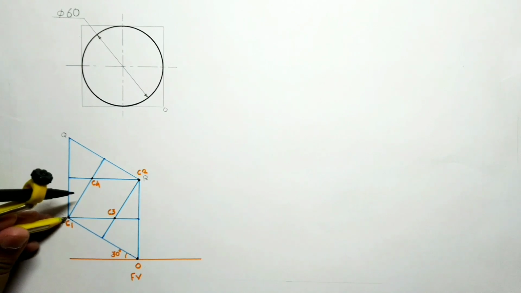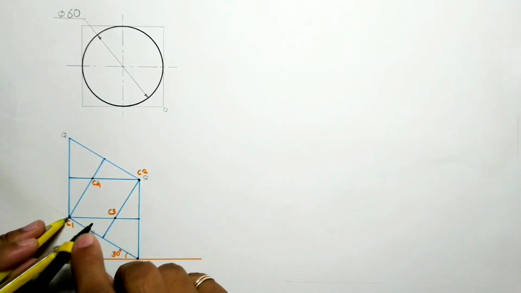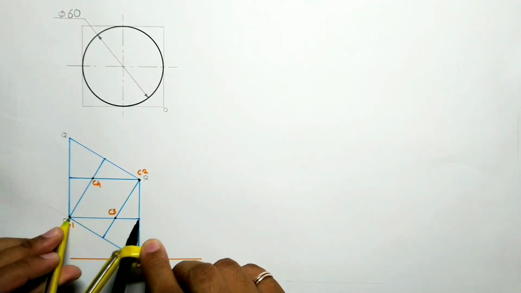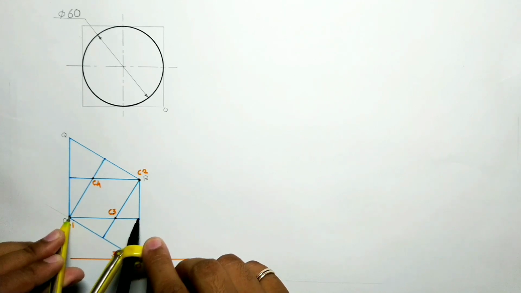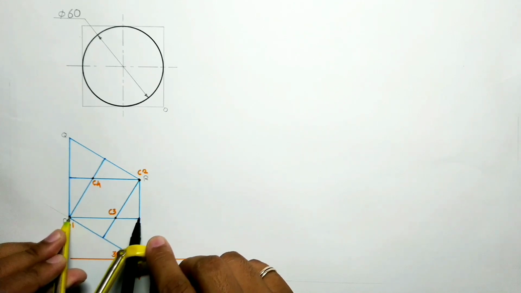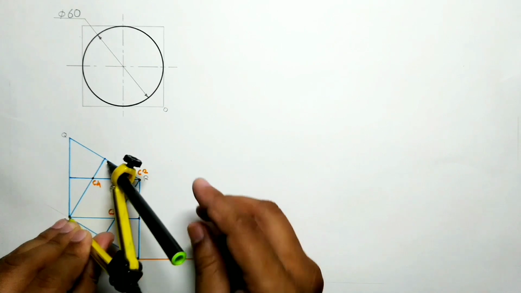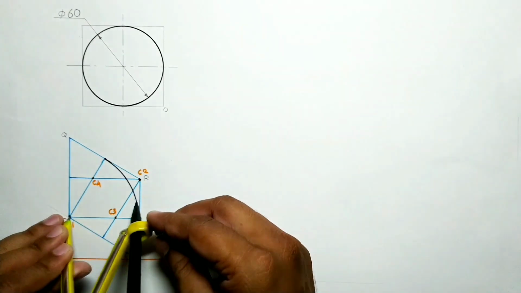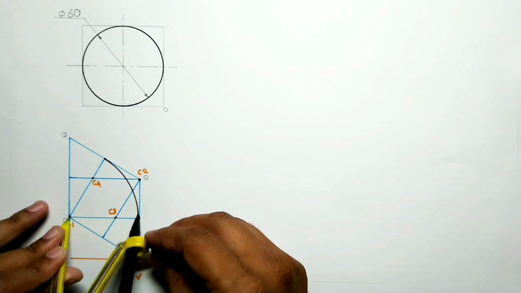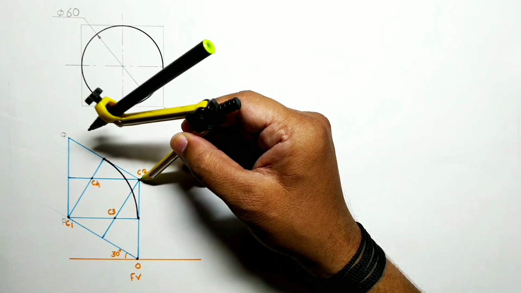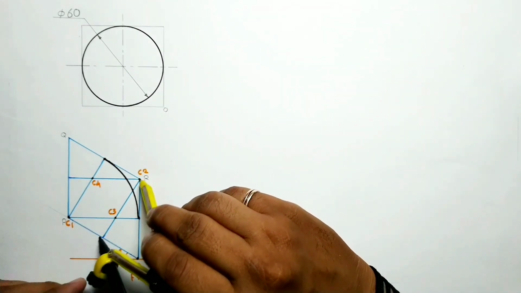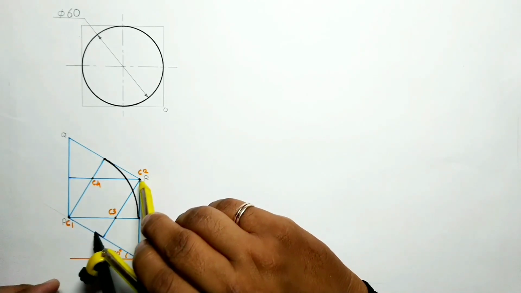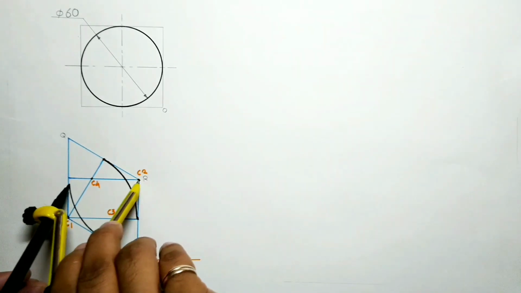First of all, take center number 1, radius as C1 to this distance, and mark one arc here. Then take the center C2, same distance, and join the arc from this point to this point.